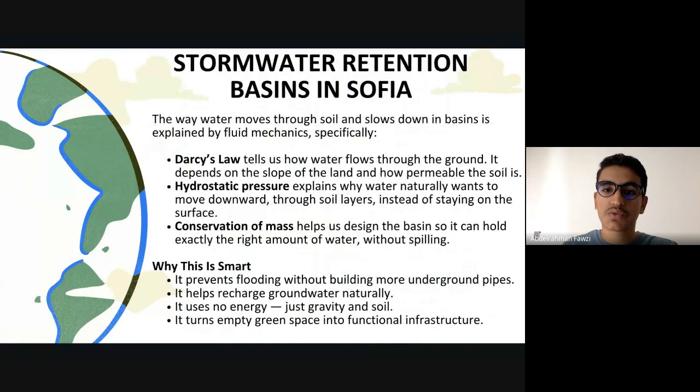And we have the storm water retention basins in Sofia, in Bulgaria. So why do we use these basins? They prevent flooding. So, for example, if you have a rainy day, instead of this water precipitating in the streets and in the neighborhoods, we cause it to settle down on the ground instead of implementing underground pipes.